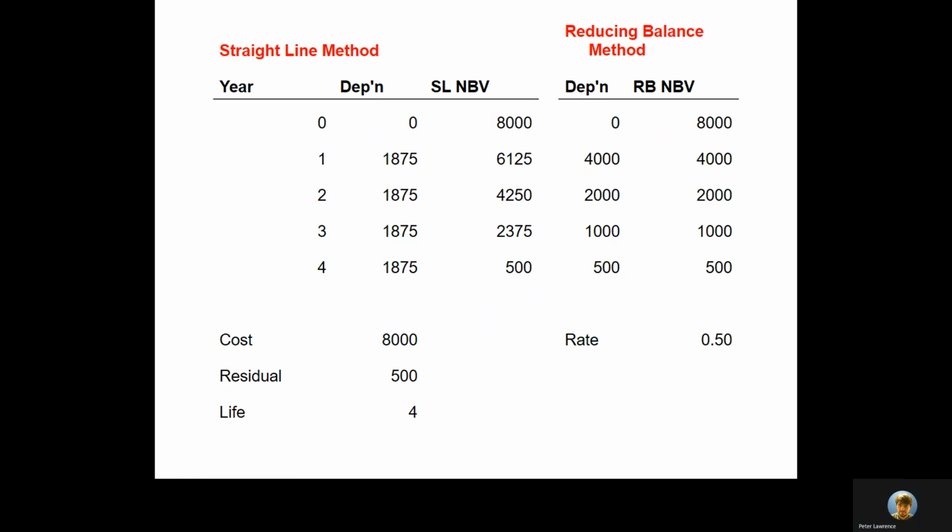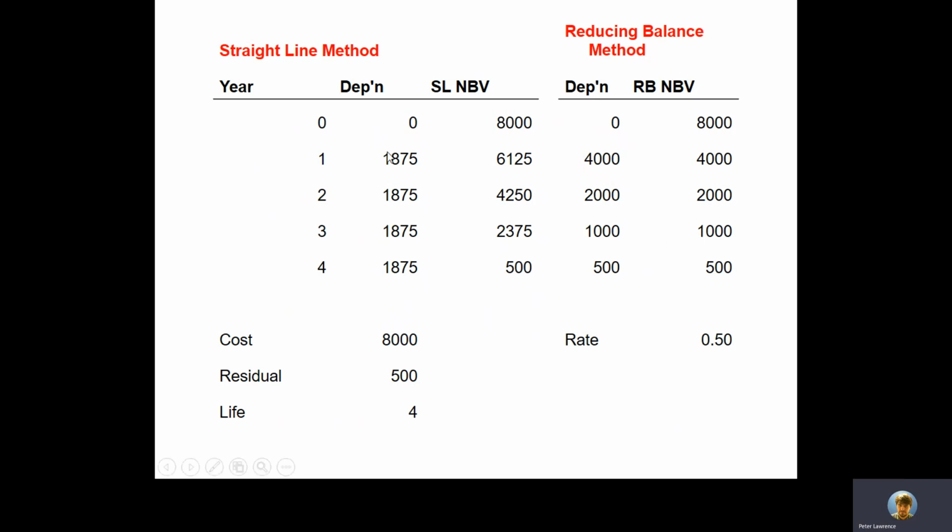So if we do it in a table, we can see using the straight line method, we get the same depreciation amount every single year at £1,875. With the reducing balance method, we see a really high charge in the first year of £4,000. Then it drops to £2,000 in year 2, £1,000, and then £500.